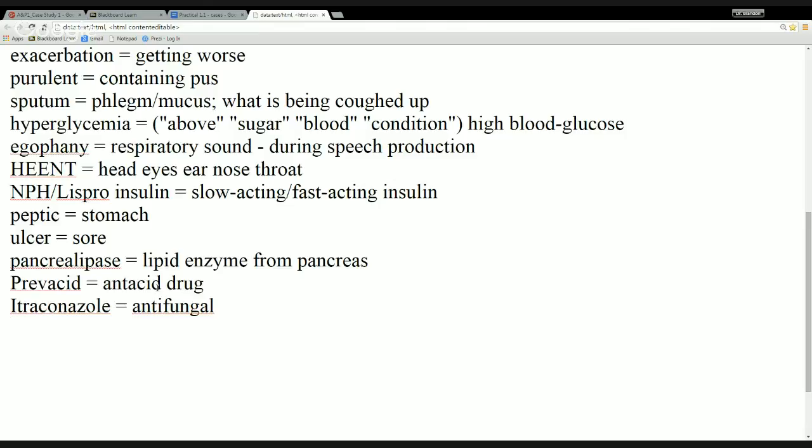And instead, the next one is Flovent. Does anybody know what Flovent does? Asthma. Yeah, it's an asthma medication. So that runs through the terminology that you probably don't know.